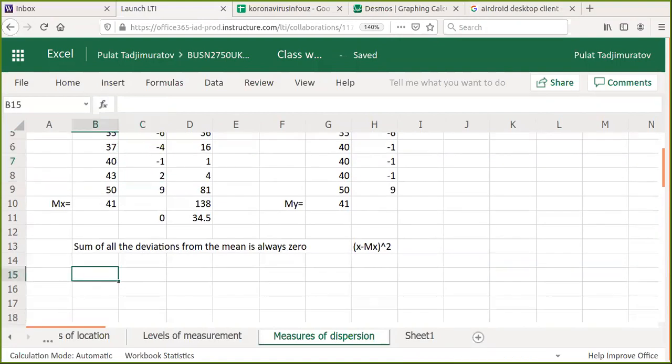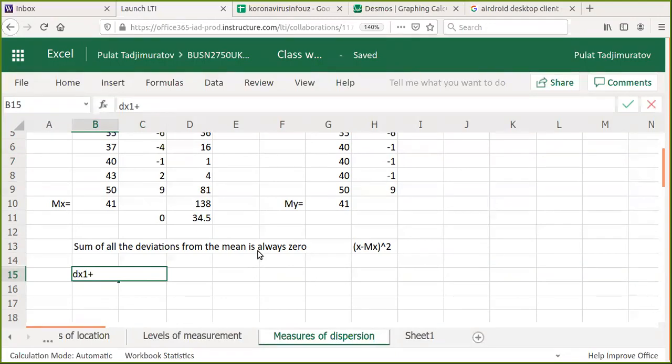So let me put it here. I will use D for deviation. In fact, they usually use the Greek letter delta, but I'm just too lazy to search for that symbol here. So we will use D for now.